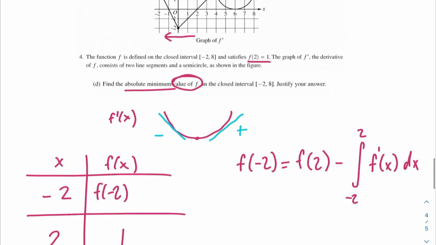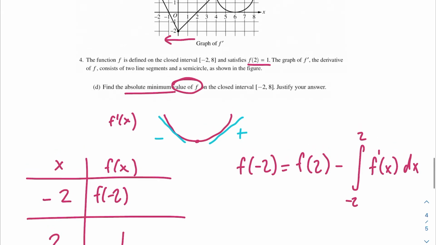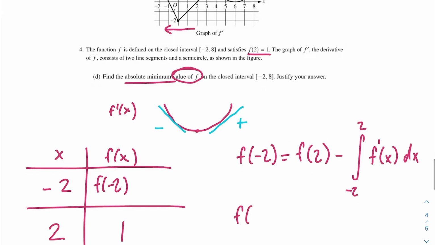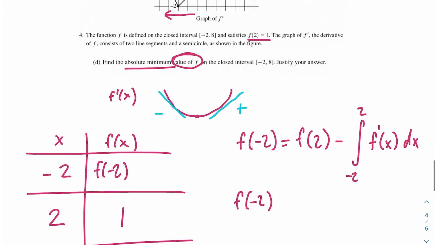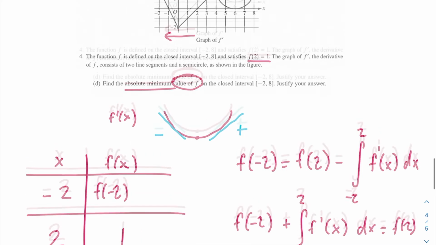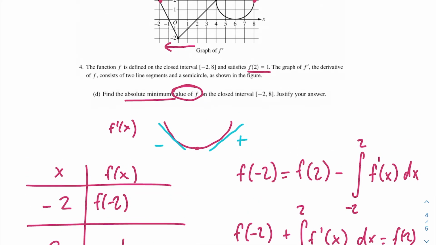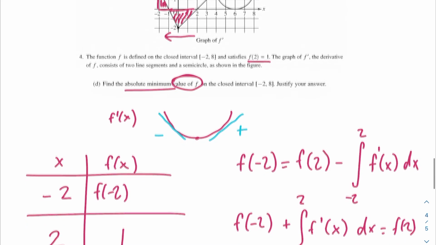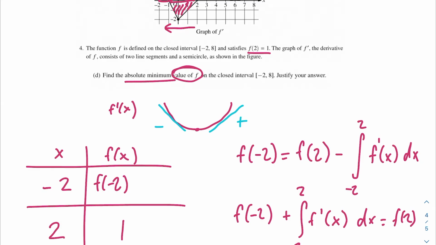Another way you can think of this, if this setup isn't really working for you, is we can add this integral to the other side. So if our starting point was f of -2, we would add the area under the curve to make it f of 2. Okay, so what I just did there is I just subtracted this integral from f of 2. Okay, so hopefully that makes sense.